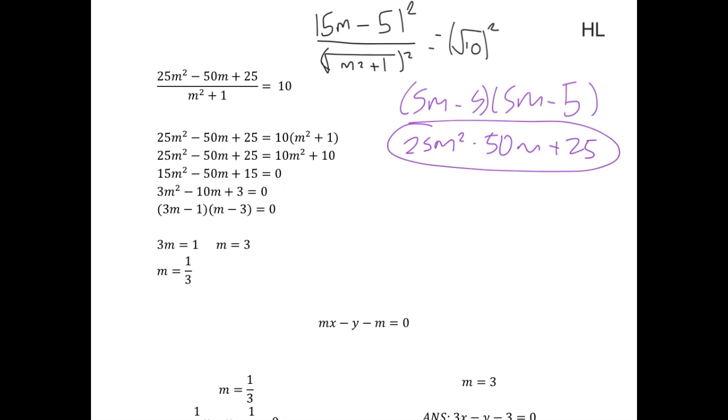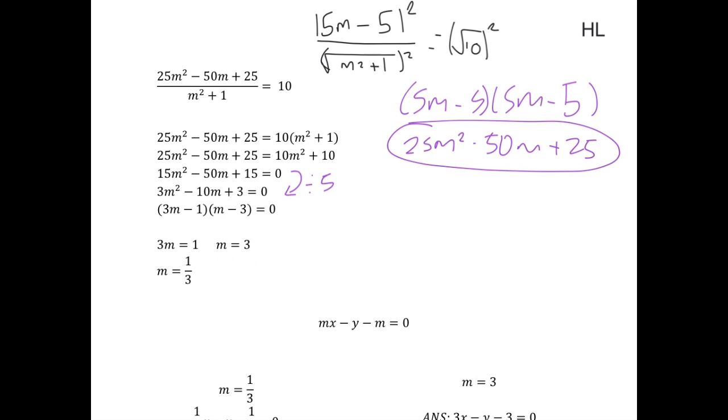Dividing everything by 5, we get 3m squared minus 10m plus 3 equals 0. And then we have to factorize this. Once we do that, we can find that m is a third or m is 3.